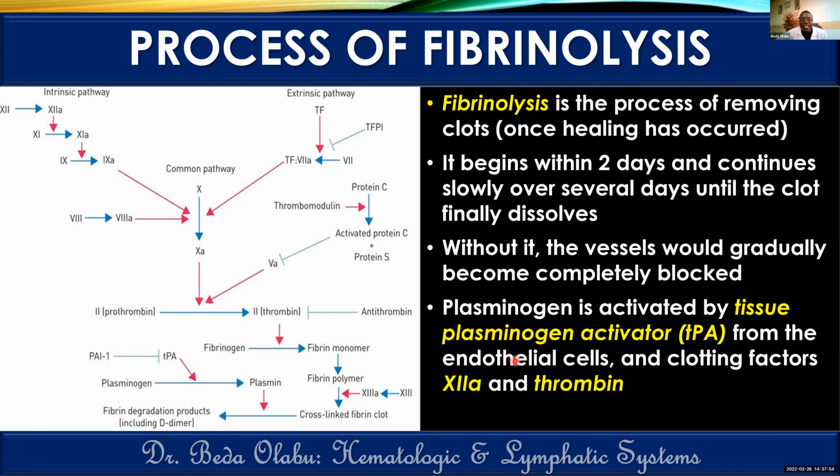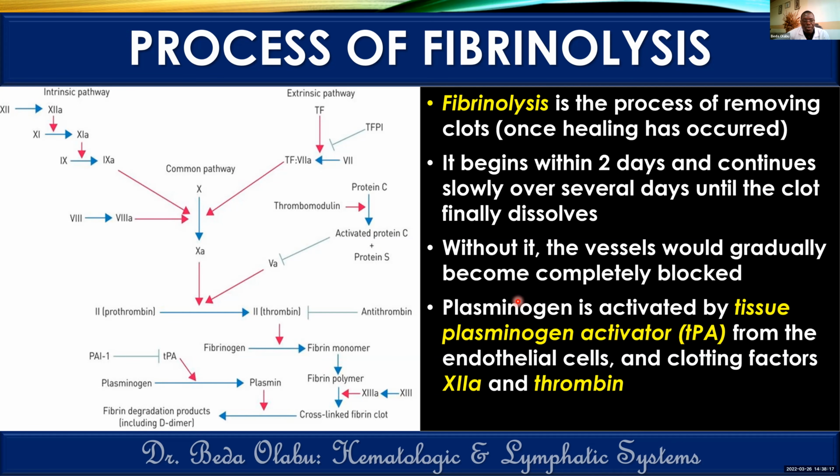So endothelial cells at the site of injury produce what we call TPA, tissue plasminogen activator. There are also other factors like activated factor 12, as well as thrombin.